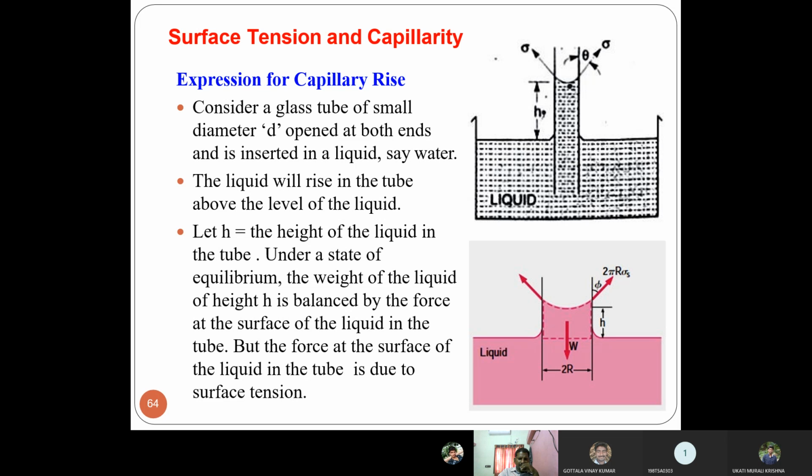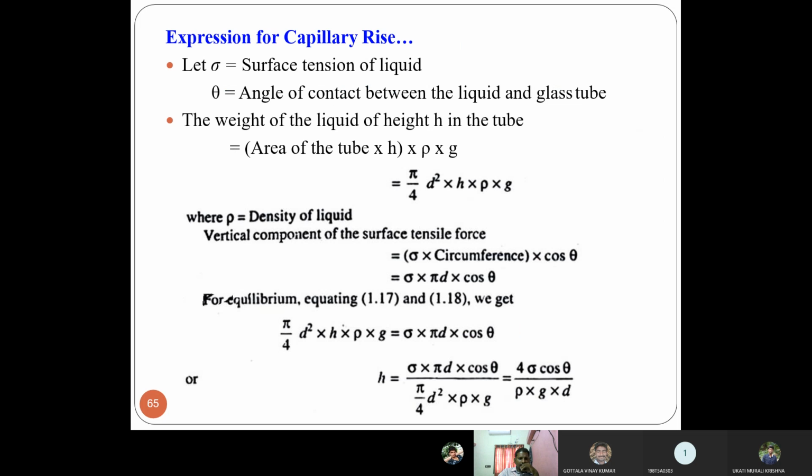Along the fluid level, surface tension sigma is acting. The height of the liquid in the tube is h, and the weight of the liquid of height h in the tube is equal to area of the tube times h into rho g.